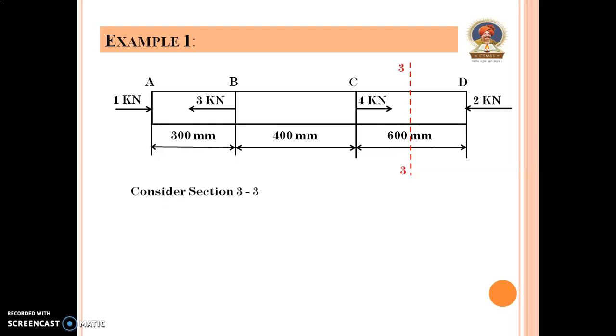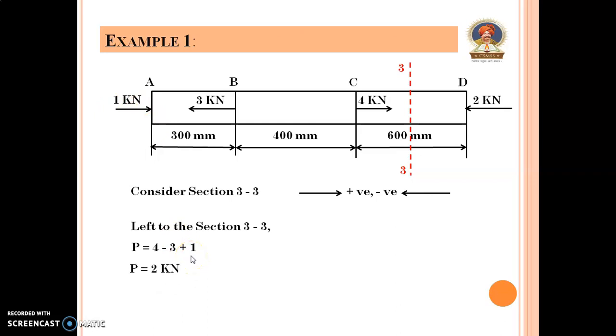Similarly for section CD, here we consider the section 3. Again right side forces positive, left side forces negative. In left section there are 3 forces, that is P is equal to plus 4. Here 4 is move towards right side, so it is positive. 3 move towards left side, so negative, and 1 move towards right side, so it is positive.